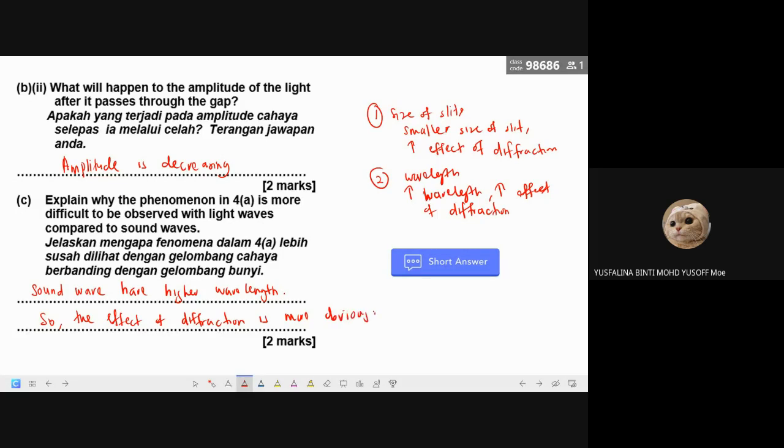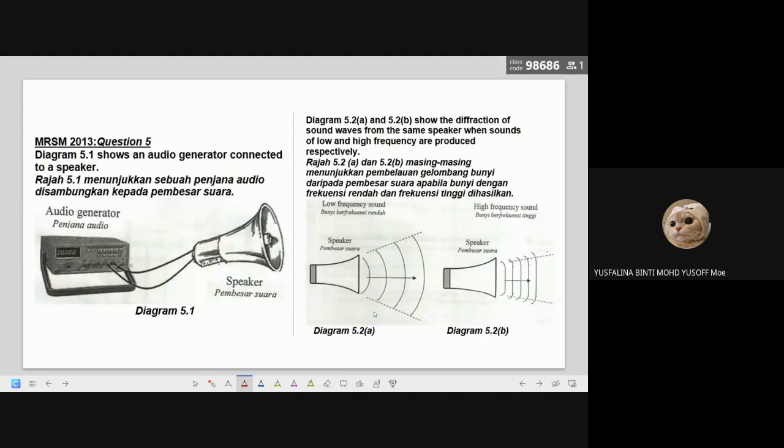Because the higher the wavelength, the higher the effect of diffraction, it's easy for the sound wave to be diffracted. So that's the answer. Okay, so how about this one?